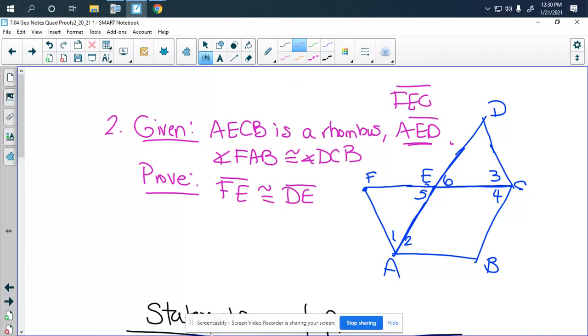All right, so we know AECB is a rhombus. So this right here we know is a rhombus, which means all of the properties we know about a rhombus we can conclude here. We also know that FAB, so this entire angle, is congruent to this entire angle DCB. And in green, I'm going to put that I want segment FE to be congruent to segment DE.